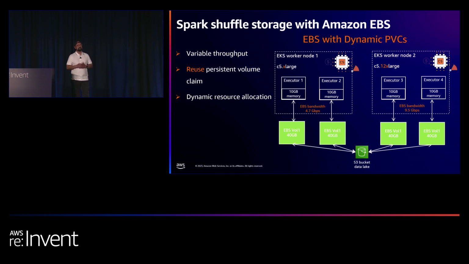So with this feature, when the new node comes up, it attaches to the existing EBS volumes rather than creating new EBS volumes, which means it can start the process where it stopped rather than redoing the computing from scratch. And further to this, you can also leverage dynamic resource allocation, which Spark offers, which helps you scale dynamically based on the task load.